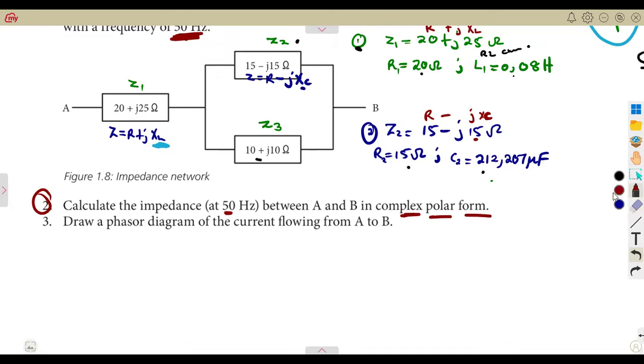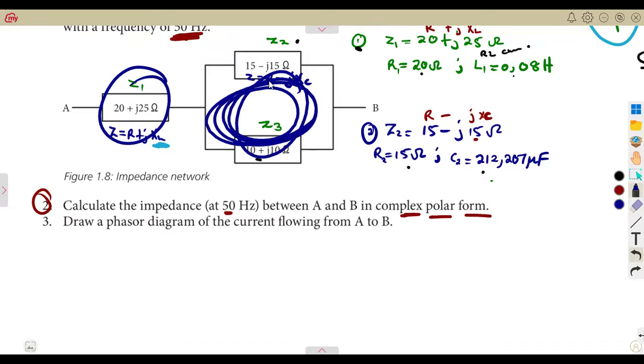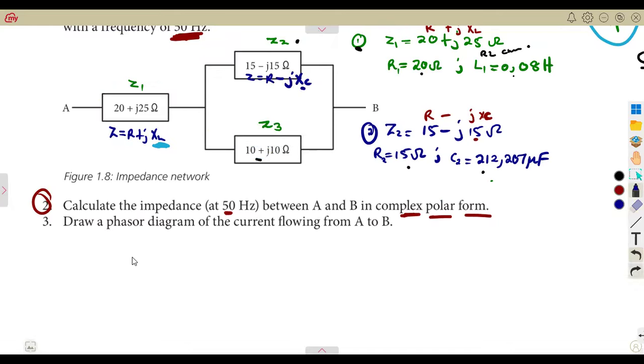We do understand that this is connected to a parallel combination. So our ZT in this case is going to be given as Z1 plus that of the parallel combination. But how do you calculate in parallel?